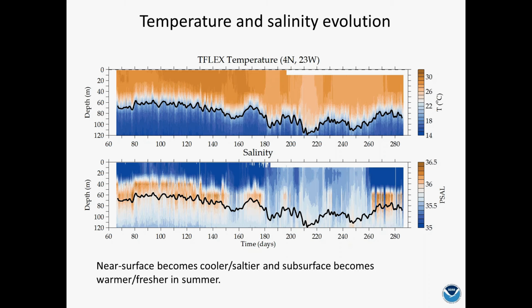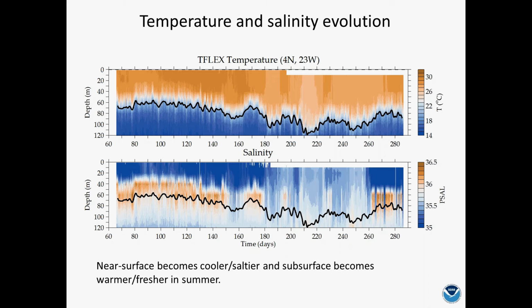So what you do see in this seasonal evolution that's modulated by a lot of high frequency variability is that the near surface becomes saltier and it becomes cooler as you go from spring to summer. And then the subsurface becomes warmer because the thermocline has been pushed down. And you also have fresh anomalies happening.